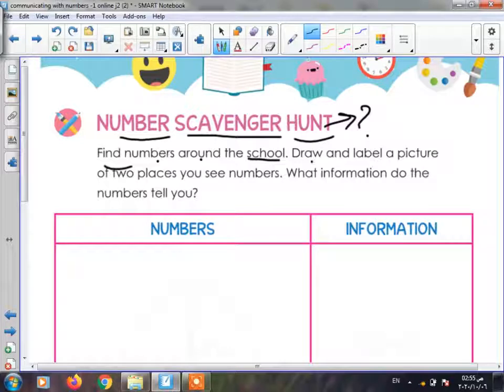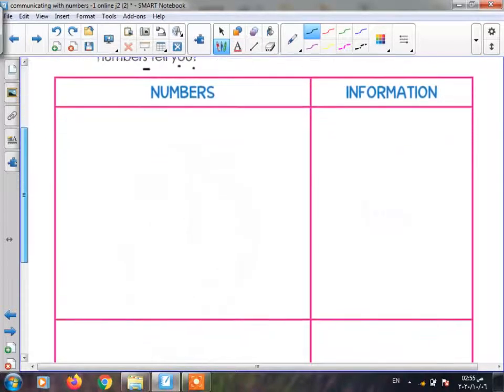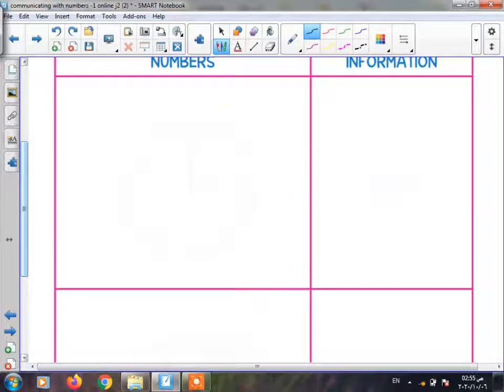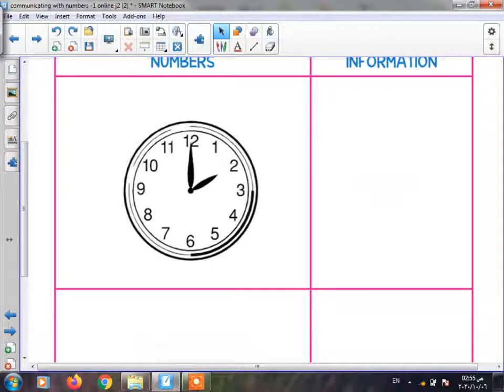Draw and label a picture of 2 places you see numbers. What information do the numbers tell you? For example, if you are in the classroom, can you find anything that has numbers? Yes, a clock.